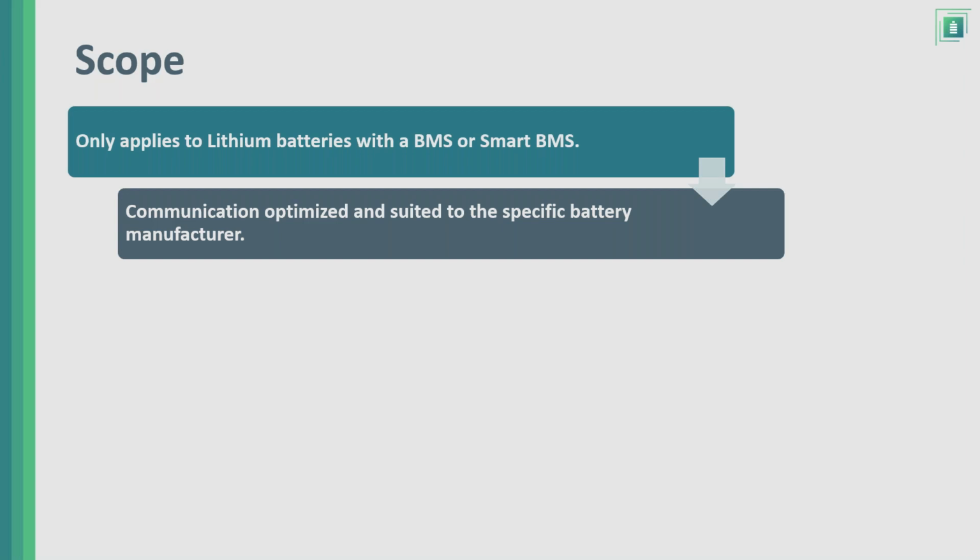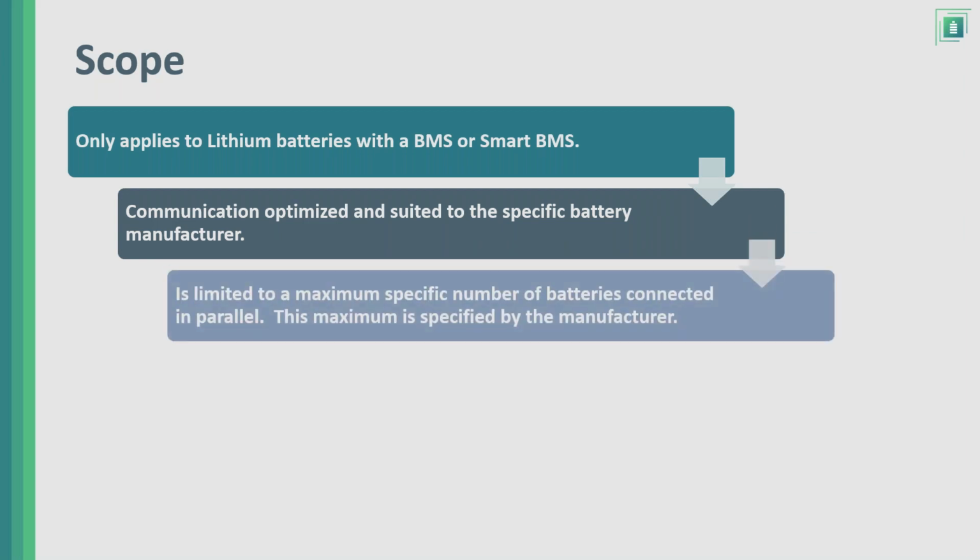So when we go into trying to troubleshoot a battery, we will be able to connect into the BMS and pull up the information that was stored. So that's part of the responsibility of the BMS as well.